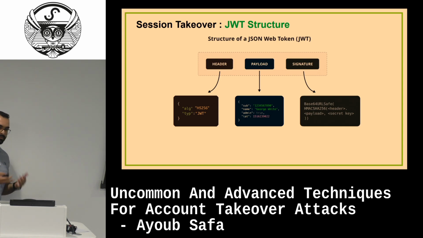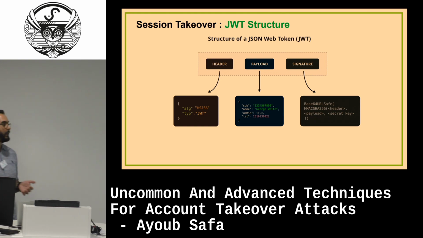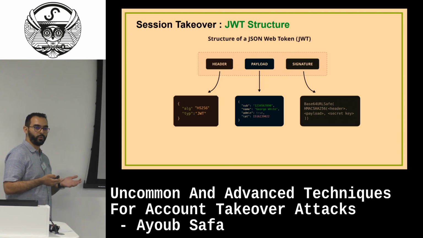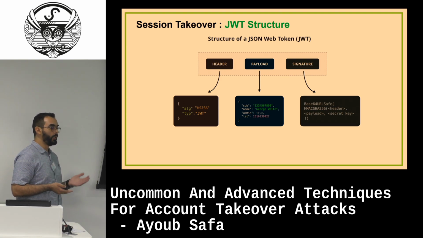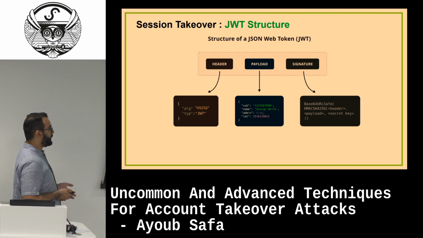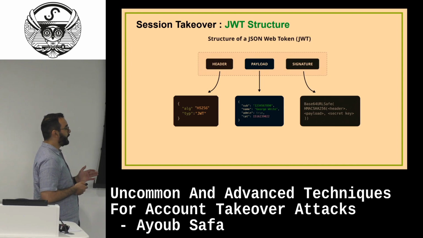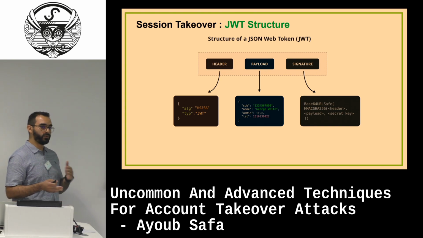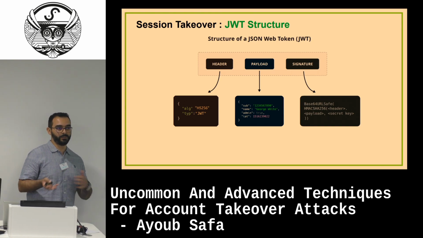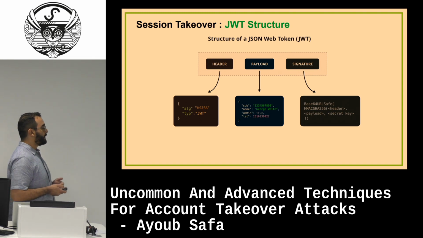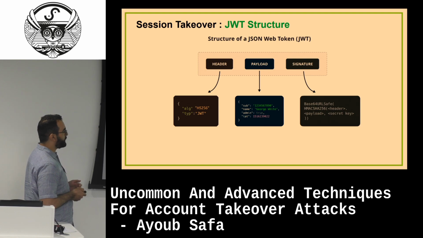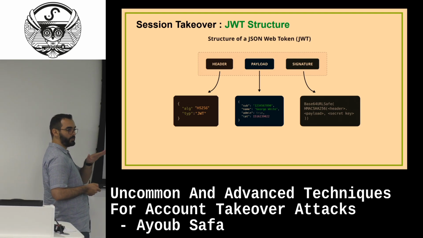So let's first understand how a JWT works. When a client sends a request with a JWT as their cookie, the web application will first compute the signature of the header and the payload using what we call an HMAC function, basically a combination of hashing and a secret key that is only accessible from the application side.